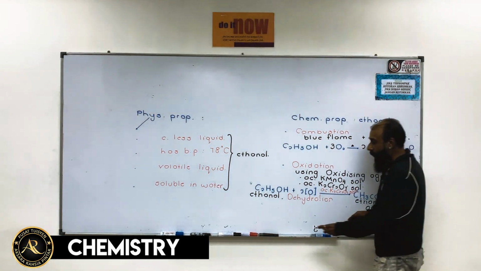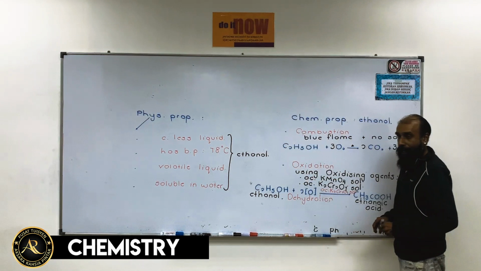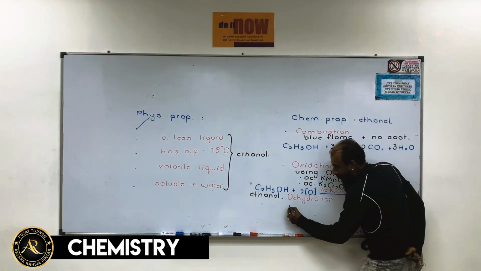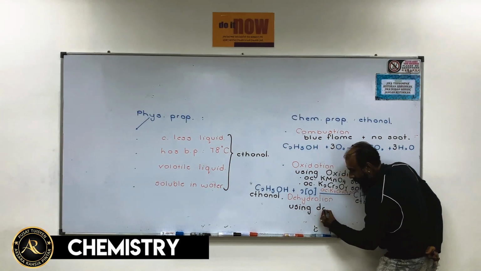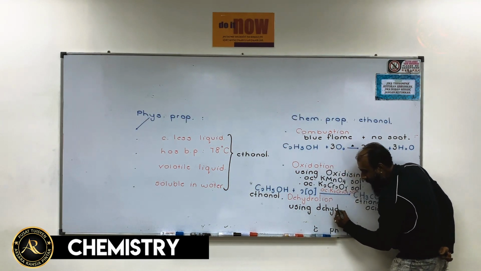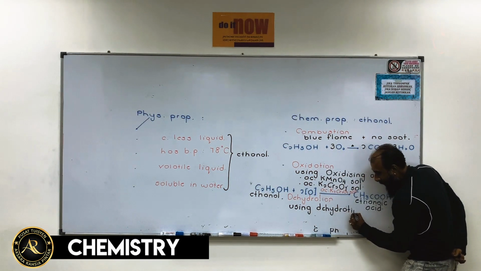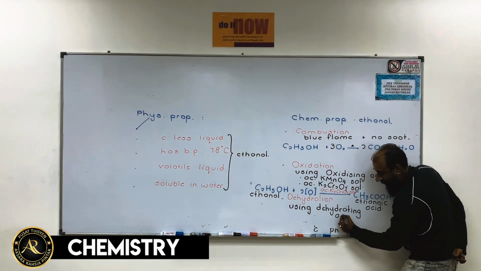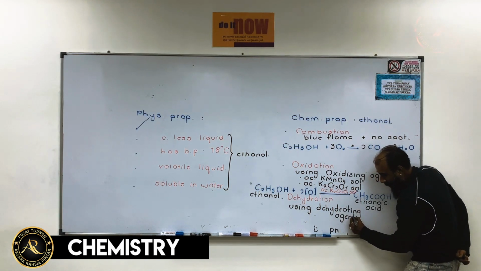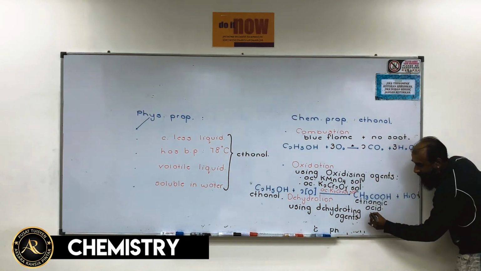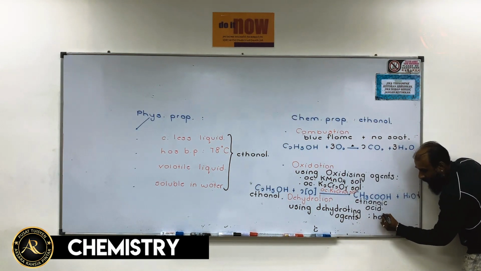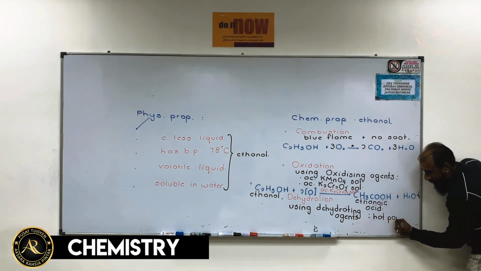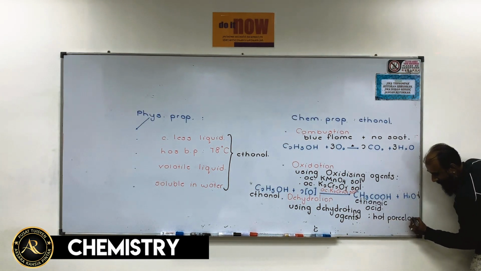The final one is called dehydration. It's done by using dehydrating agents. An example of one agent is hot porcelain chips.